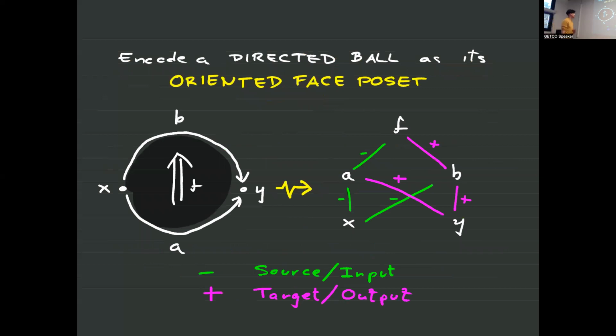So the idea now is to take this as a combinatorial encoding of a directed ball. So take a face poset, but now enrich it with some orientation information by again taking the face poset and then remembering additionally whether a cell is in the source or input half of the boundary, or whether it is in the output or target boundary.